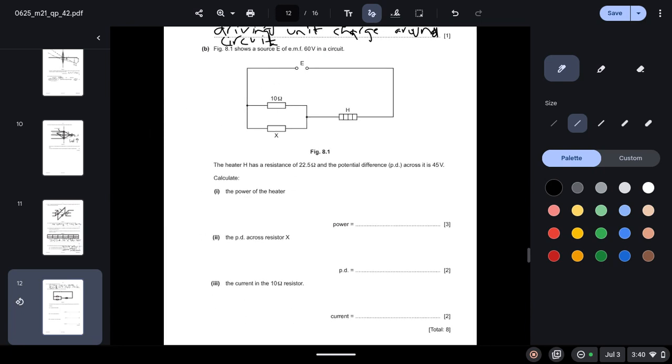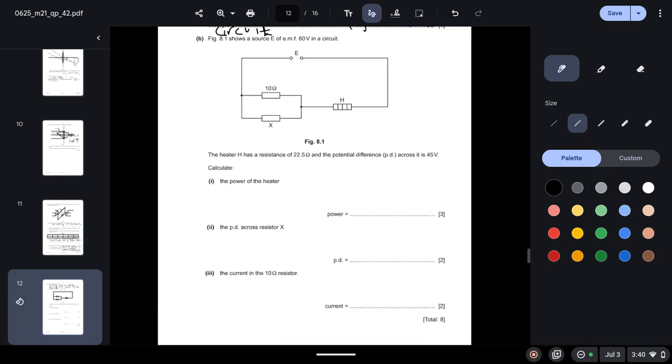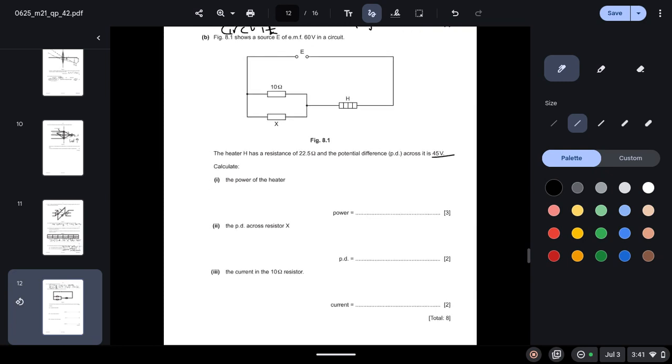Figure 8.1 shows a source E of an EMF 60 volts in a circuit. The heater has a resistance of 22.5 ohms and the potential difference across it is 45 volts. Calculate the power of the heater. So power is VI. V is the potential difference across it, I is the current. So first we will have to calculate I using the formula V is equals to IR.